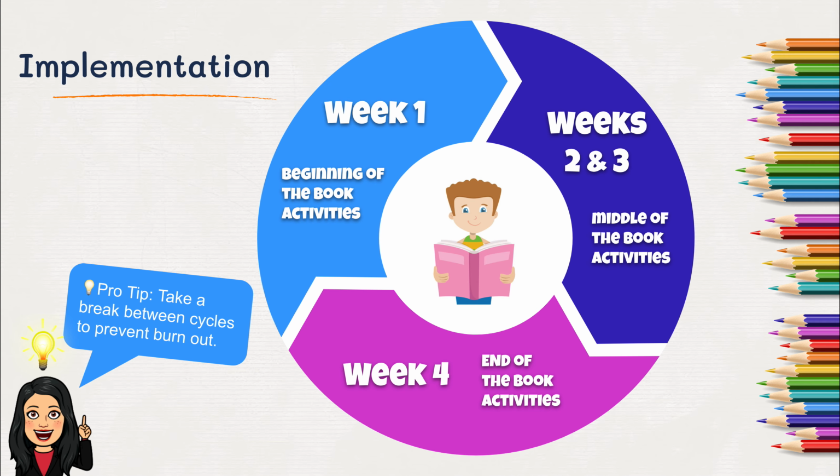And then the last week we would have them finish their books, and then they would do end of the book activities. And these activities, they would meet once, maybe twice a week with their book club partners, and they'd work on those activities and then share what they create with their book club partners. And it would be a great way for you to hold them accountable as they're presenting.